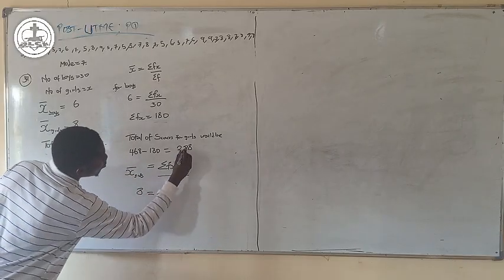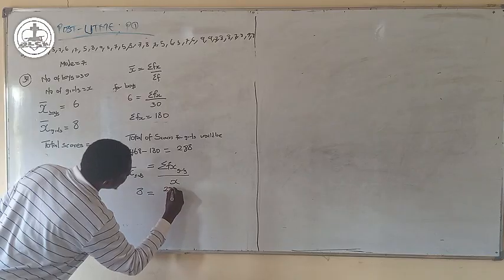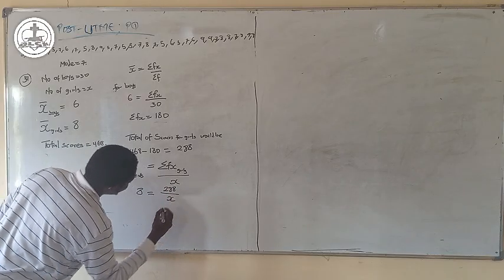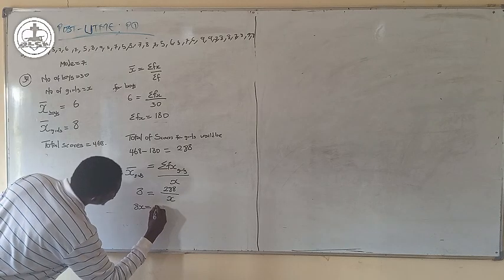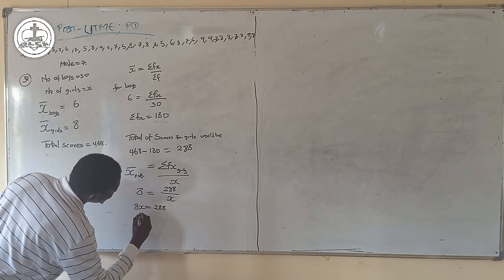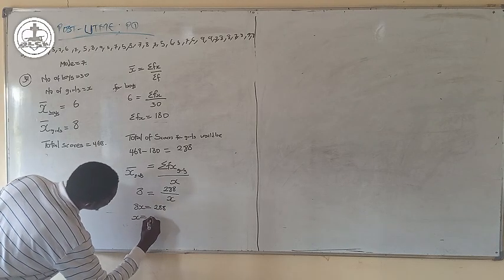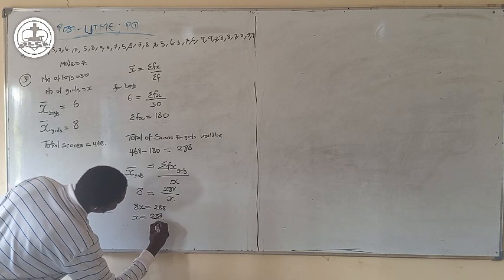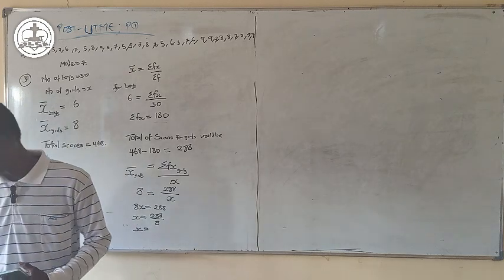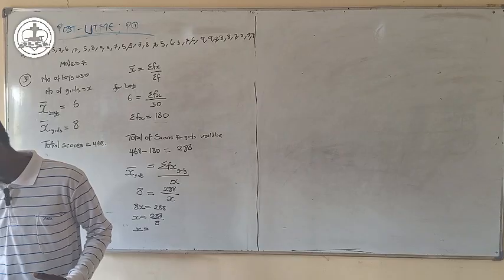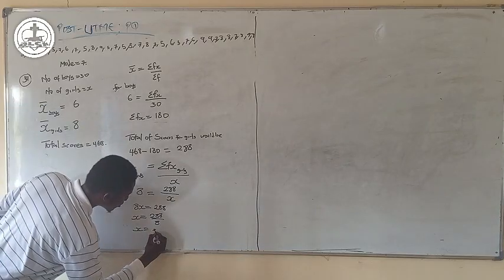So 288 over x equals 8. Multiplying, we have 8x equals 288, so x will be 288 over 8. Punching our calculators, x is 36.